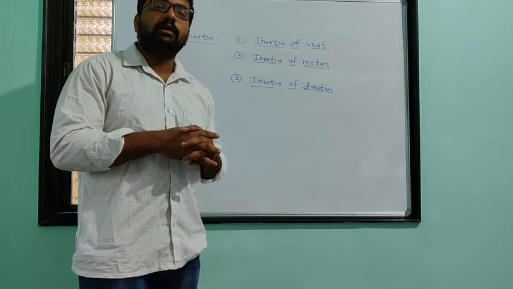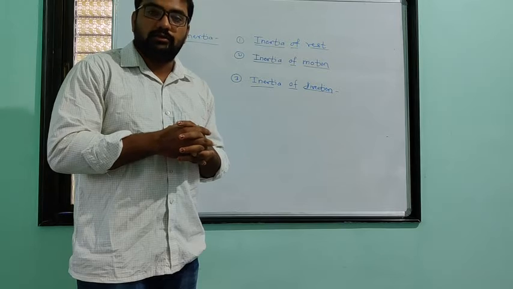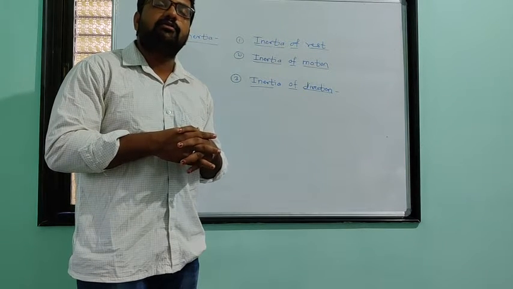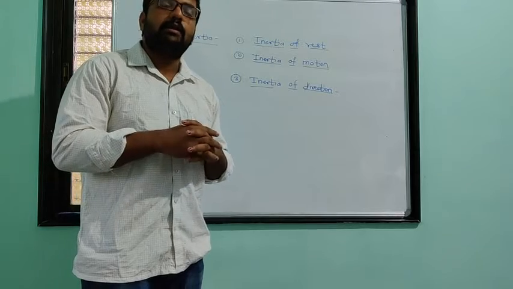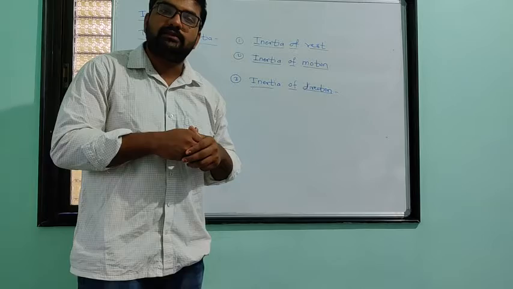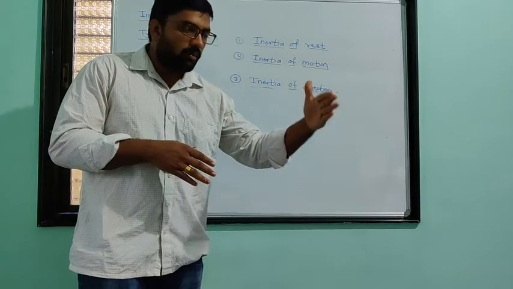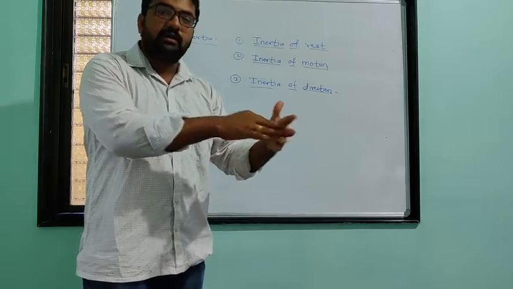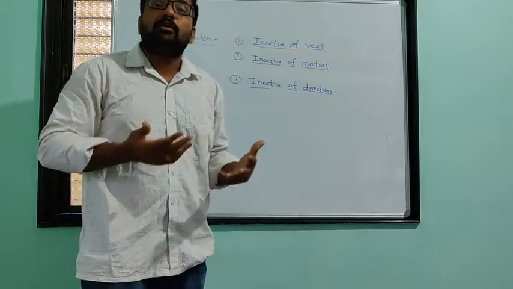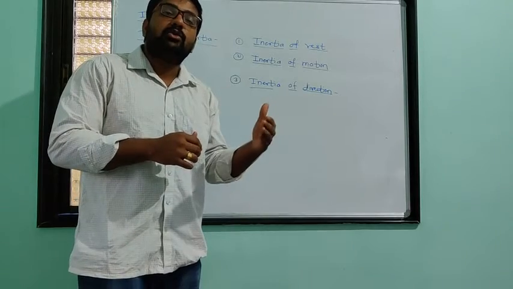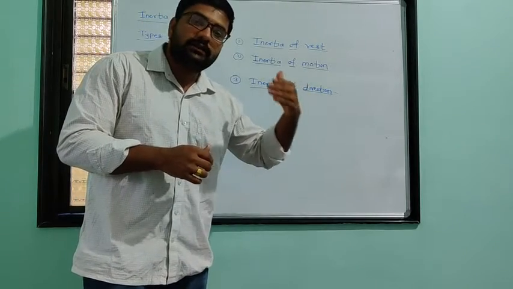Also, if we are in motion, I gave you the example of running in the last lecture. When we are running and cover a 100-meter distance, we do not stop at exactly 100 meters. At 100 meters we try to stop, but our body does not want to stop because it tries to continue in the motion state.